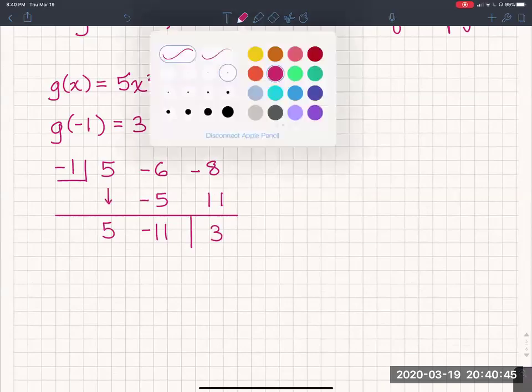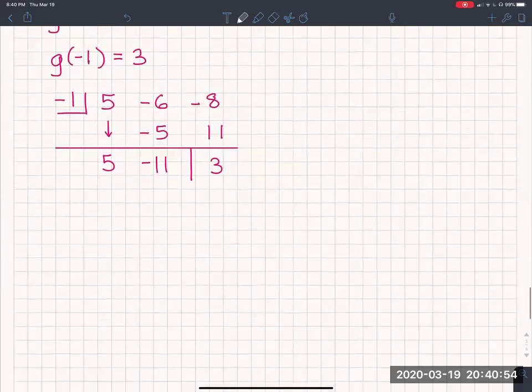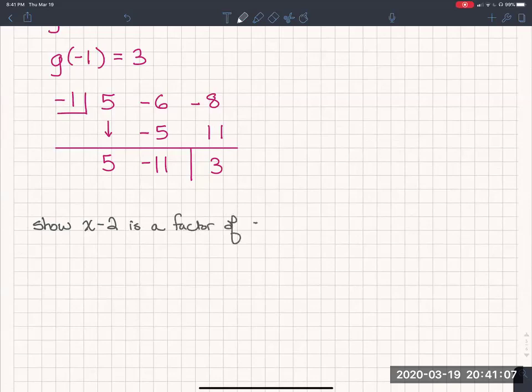Now, what if I said show that x minus 2 is a factor of g of x? So in order for x minus 2 to be a factor, when I divide by 2, I should end up with a remainder of 0.